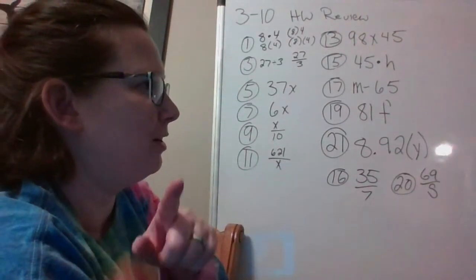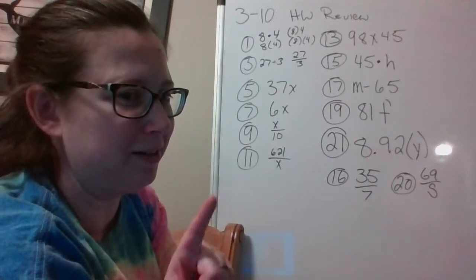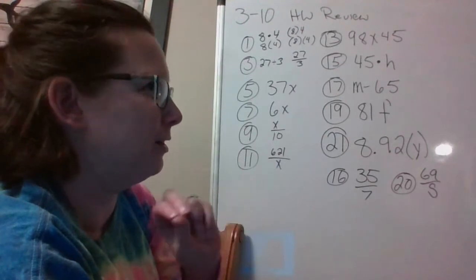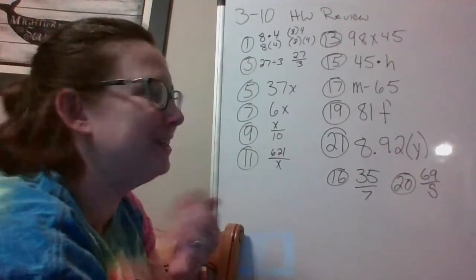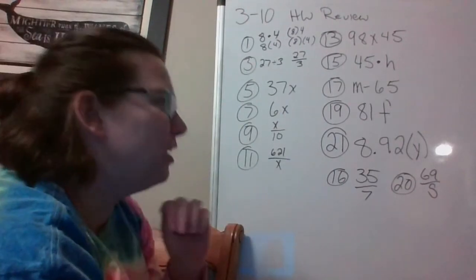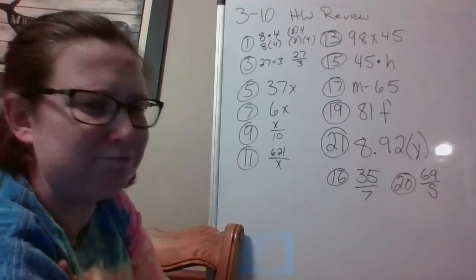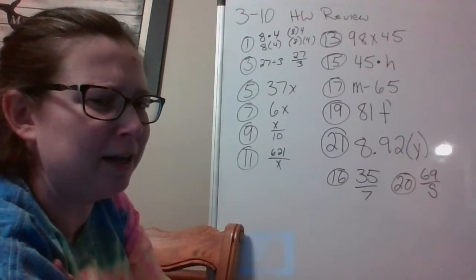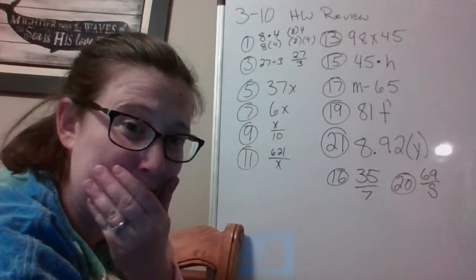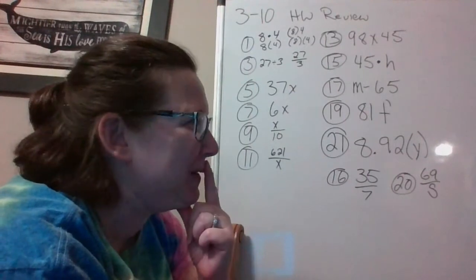I think I said the letter S in the last one. It's not a letter, it's a number. This is math class. I keep saying it wrong. Mrs. Koenig is failing. Oh dear.